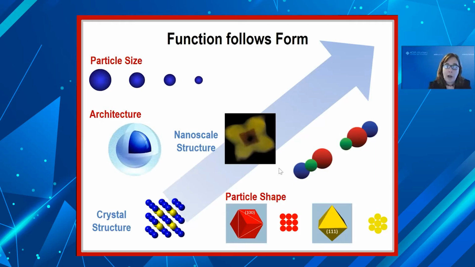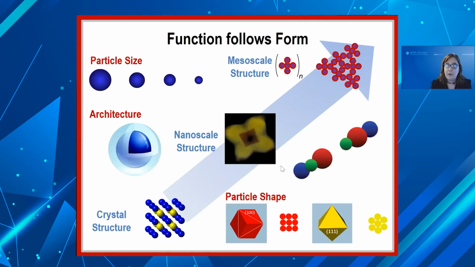And while I won't really talk about it today, we could also consider the mesoscale, where now we're looking at how the spatial arrangement of nanoscale building blocks relative to one another influences or brings about new function. So there are many beautiful examples of how the form of nanoscale materials can influence their properties and in turn their ultimate utility in a variety of different applications.